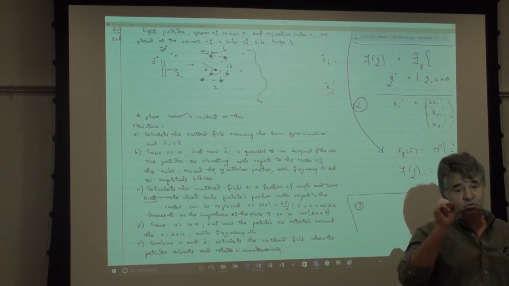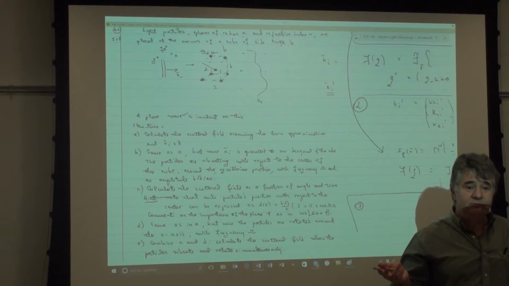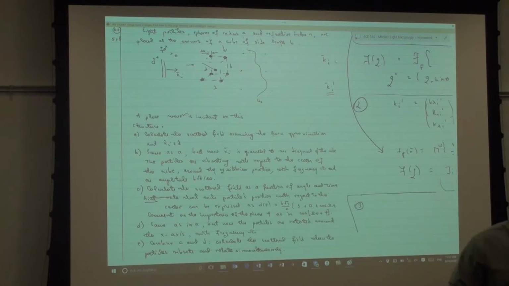That's why you get 2 to the power 3, 8 combinations. So R_j equals plus or minus b over 2, plus or minus b over 2, plus or minus b over 2.